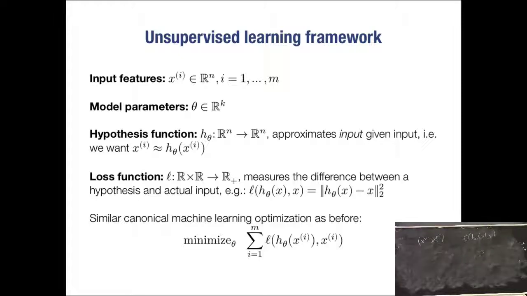We're going to start with the same thing. We're going to have inputs x_i in R^n. We're going to have parameters which define our hypothesis function, theta in R^k. This is just kind of convention.